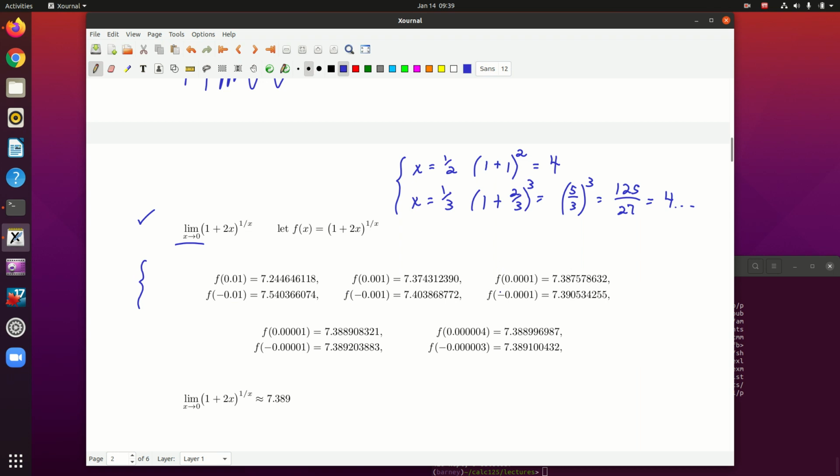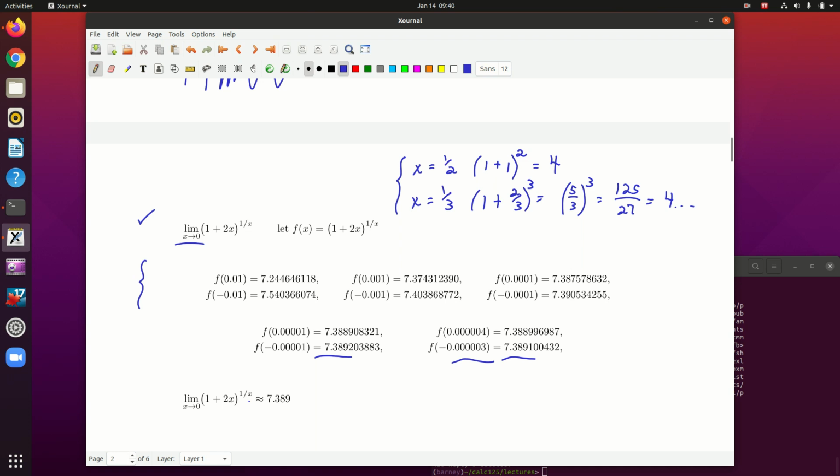And if you start looking for a pattern, I tossed these numbers in just so maybe there's something weird going on with these ones and zeros. So let's try some other numbers. But you can see they're all giving us roughly the same thing. And so as you look at these last ones and look at the first few decimals, it appears that whatever this limit is, it's going to be somewhere near 7.389.